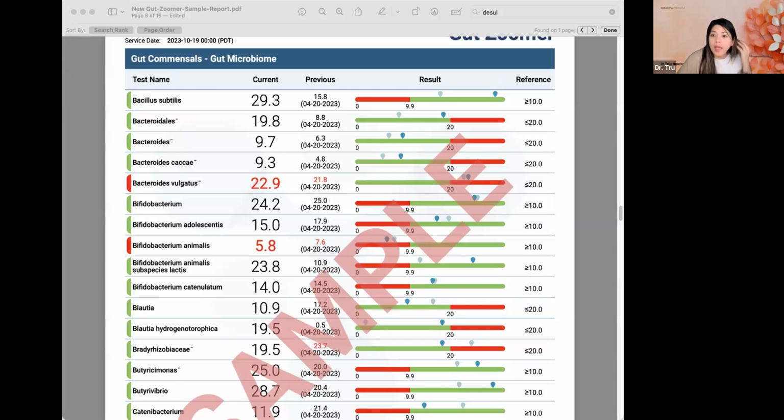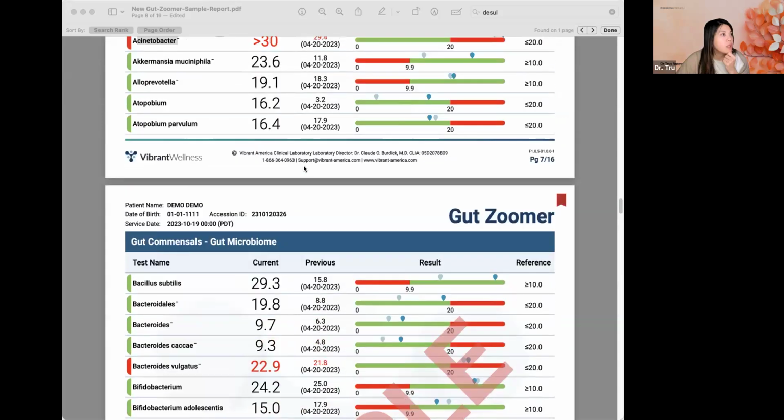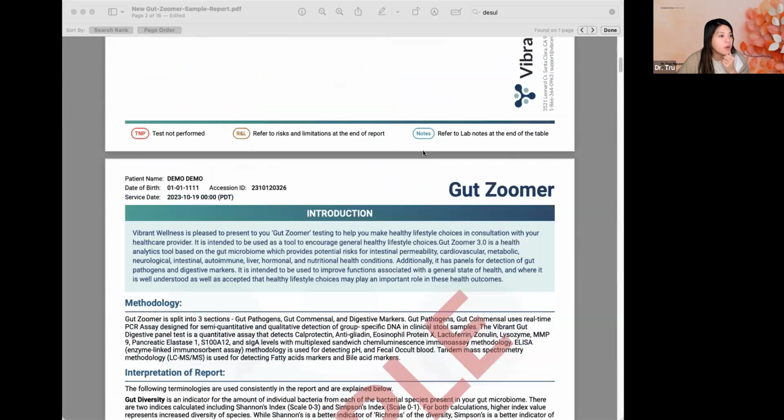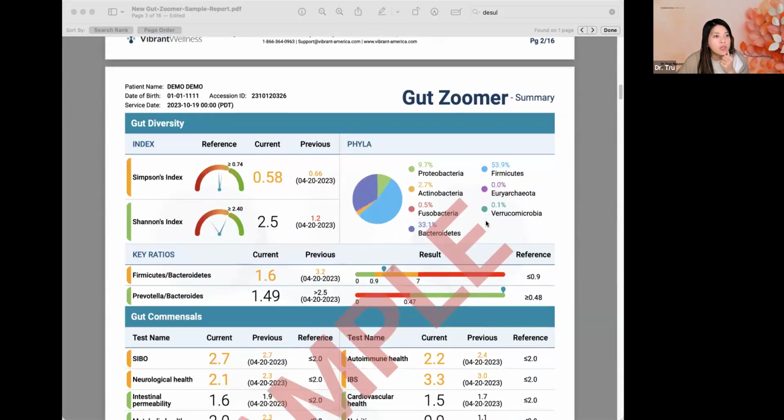Okay. And then I mentioned earlier Akkermansia, so I want to go into it a little bit. Akkermansia represents less than 1% to 3% of the microbiome. When you look at your stool analysis, on the first page of the test, you want the Verrucomicrobia to be about 0.1% to 3%.